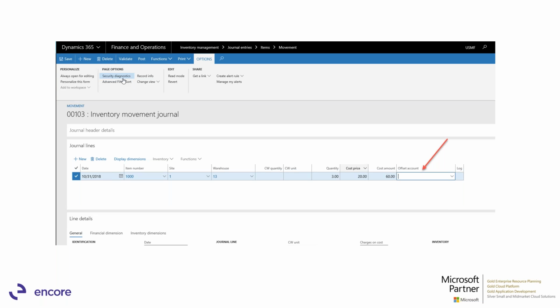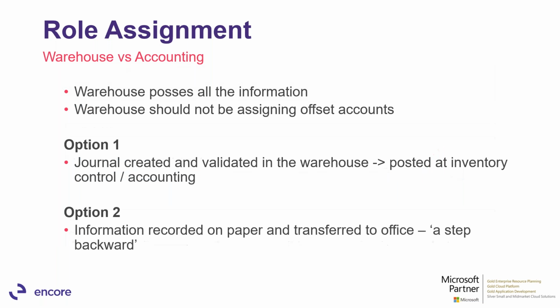So the two common solutions that I have seen utilized to resolve who should use the system are usually either option one, where the movement journal itself is created in the warehouse.